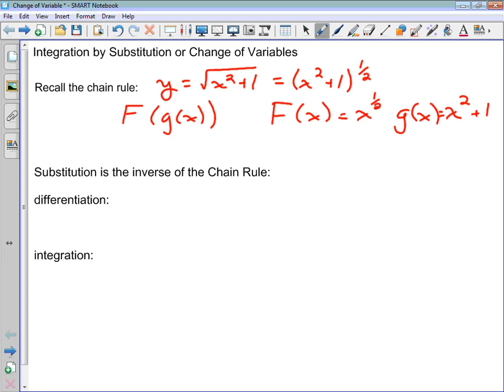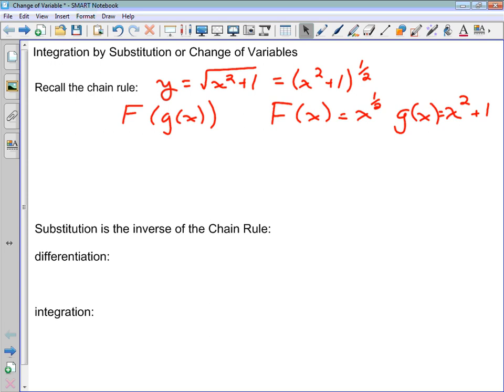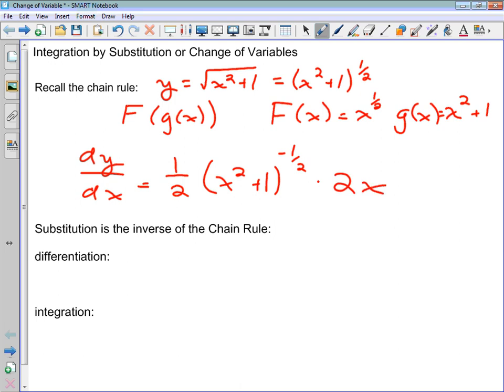And then we would go ahead and do our derivative, dy dx, which would be 1/2 times x squared plus 1. We kept the inner part exactly the same, then we subtracted 1 from the exponent on our outer function, multiplied by the derivative of the inner function, and then we canceled things a little bit. Okay?